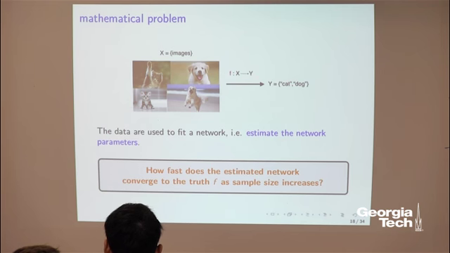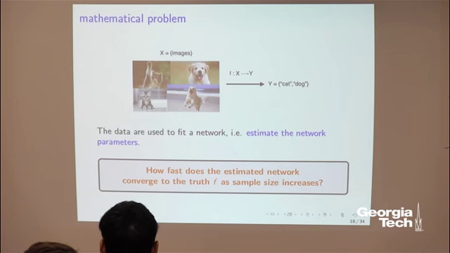What I want to do is recover this function f from the data. I can fit a network to the data, and that will give me a function that should closely resemble this unknown function f. And I can try to bound the difference of the estimated network from the true function f.